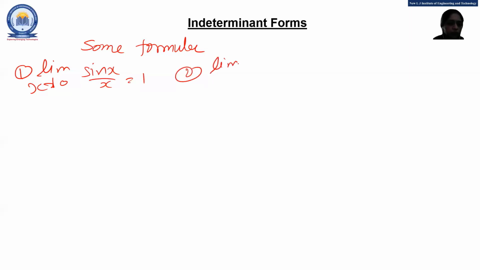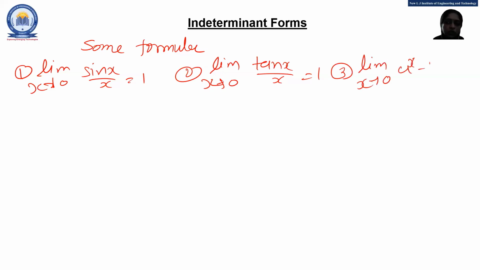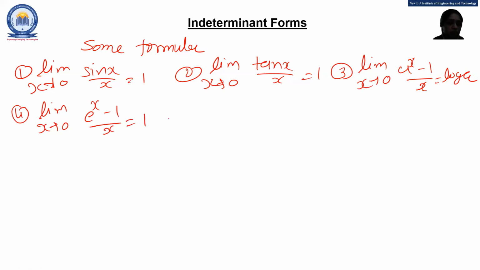Number 2, limit x tends to 0 tan x upon x equal to 1. 3, limit x tends to 0 a raised to x minus 1 upon x is equal to log a. 4, limit x tends to 0 e raised to x minus 1 upon x is equal to 1. 5, limit x tends to 0 (1 plus x) whole raised to 1 by x is equal to e.